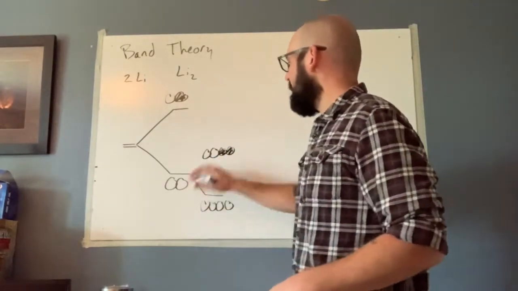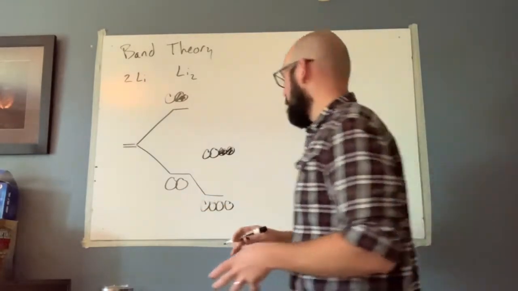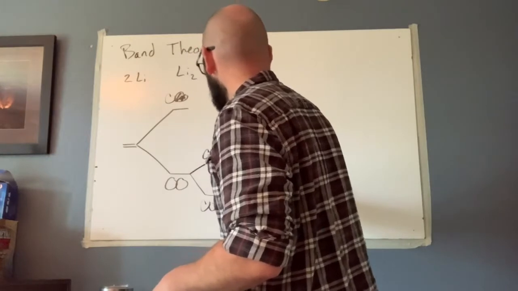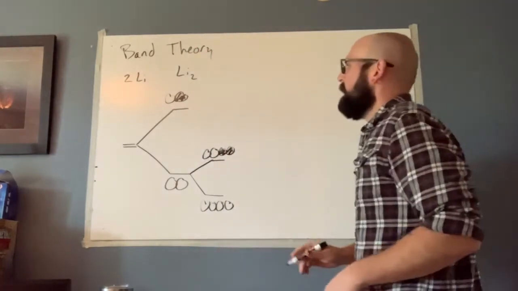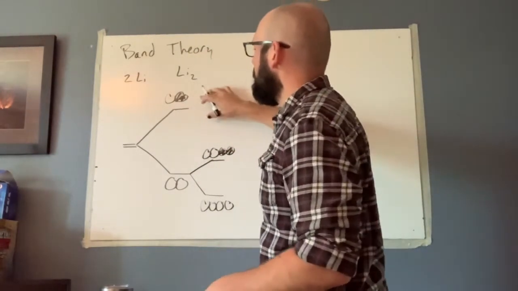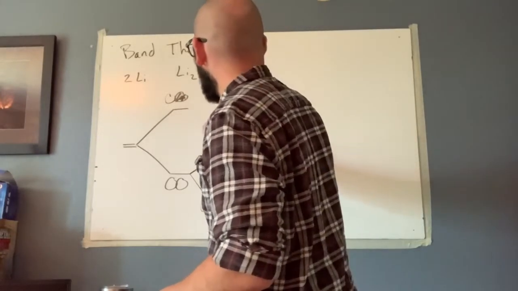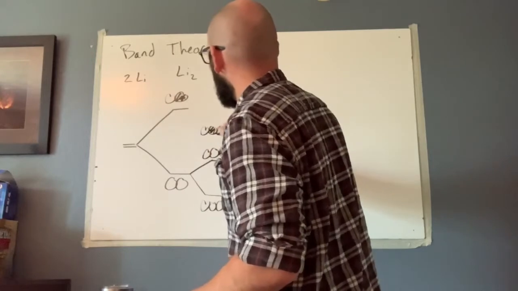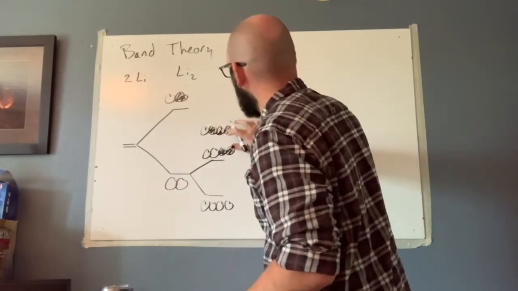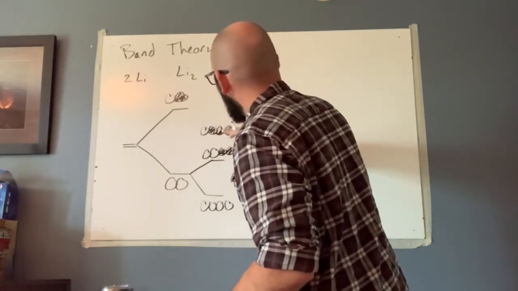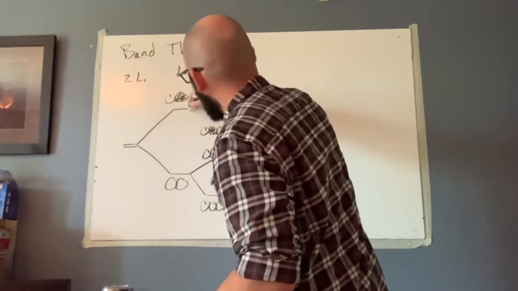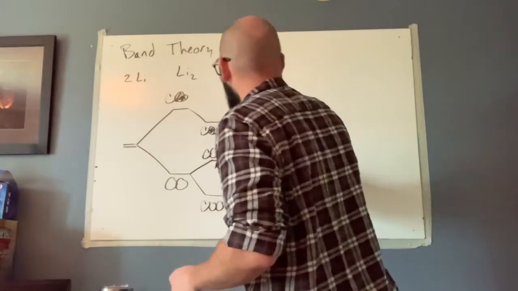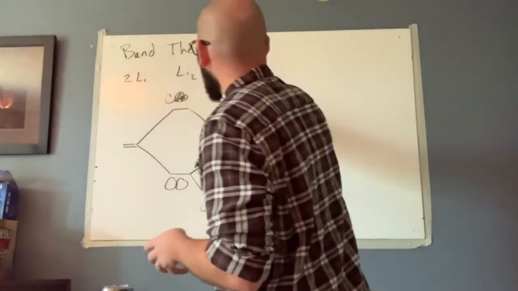So this is going to be slightly destabilized from where we were initially. And then up here, we have the possibility in which we can have this anti-bonding interaction. So we get two anti-bonding and one bonding interaction. So this will be slightly stabilized from where we were of strictly anti-bonding. Or we can have completely anti-bonding.